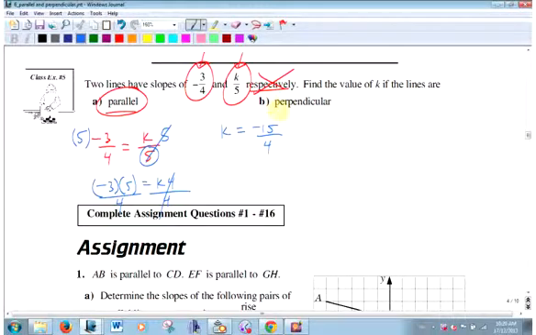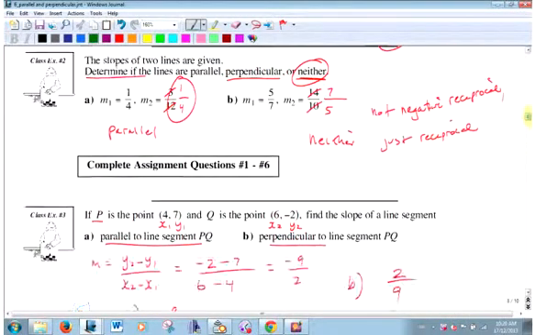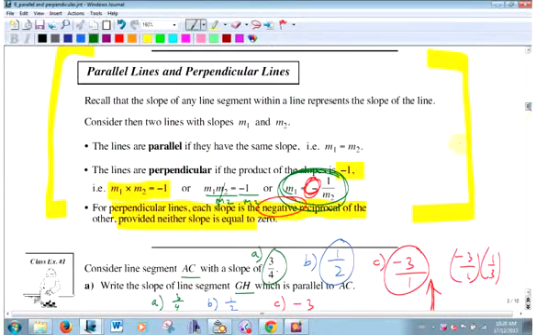Now, what do we know if these things are perpendicular? If these are perpendicular, one's the negative reciprocal of the other. I've seen people do it that way, but I would recommend you do the other thinking, which is what? We know two things about perpendicular lines. One's the negative reciprocal of the other.